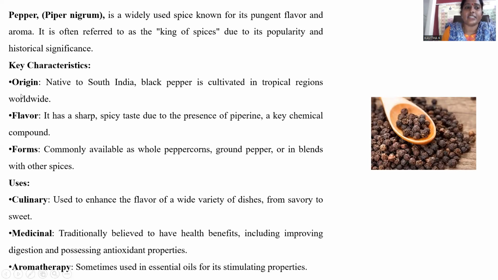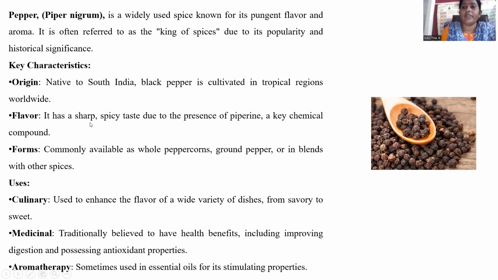Key characteristics: origin, where pepper is located, native to South India, and black pepper is cultivated in tropical regions worldwide. In most countries, pepper is used instead of chili also, right? So this is the origin of pepper, and the flavor.